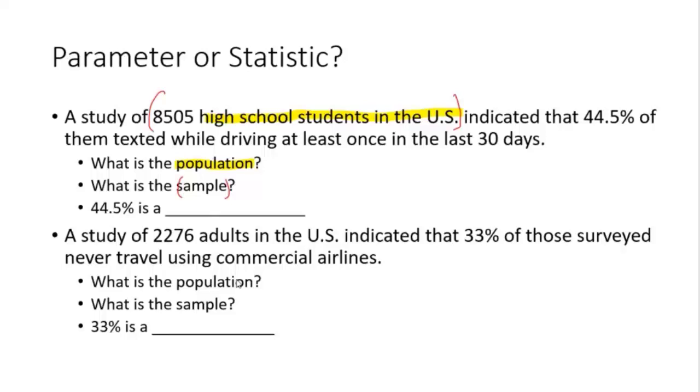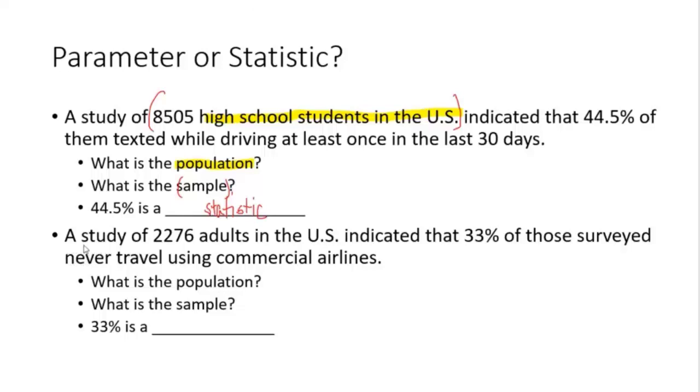Since our numbers come from that group and not everybody that they were looking at, this would be a statistic. Now, it's a pretty scary statistic if you actually read it. Almost half, 44.5% of those in this study texted while driving at least once in the last 30 days. Kind of scary.